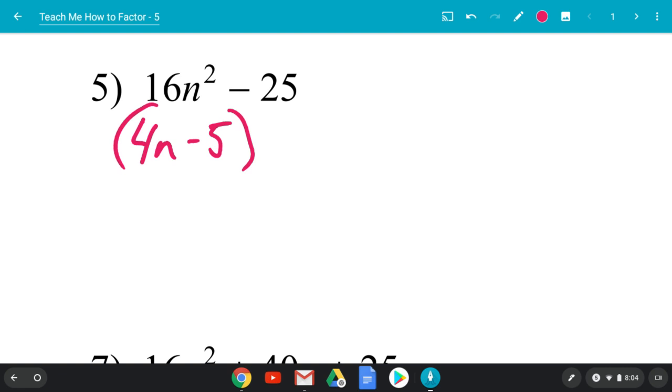Very good. 4n minus 5 times 4n plus 5. How do we feel about difference of squares now? Easy peasy lemon squeezy. Should be easy.